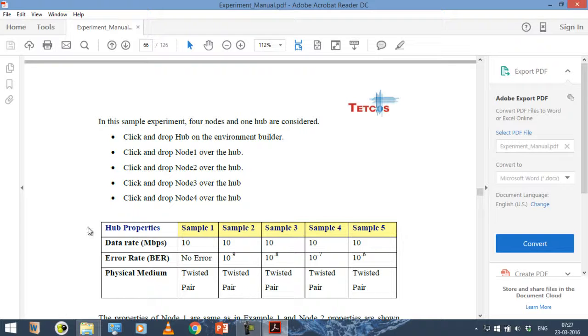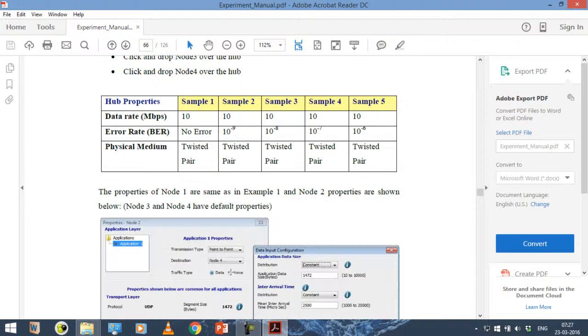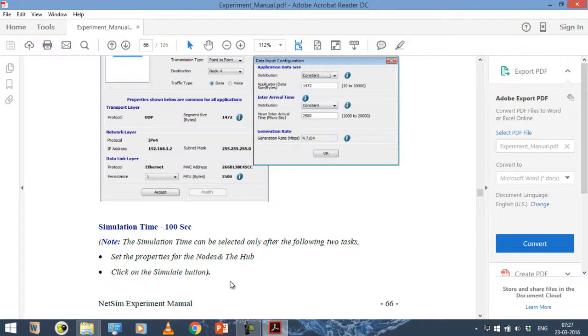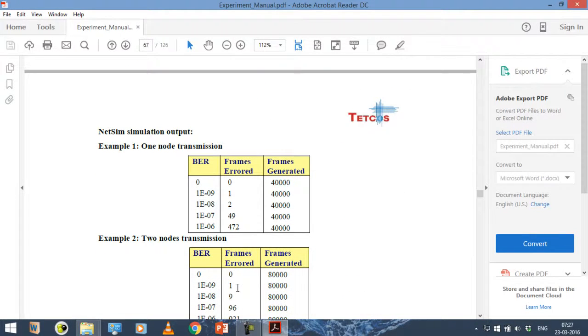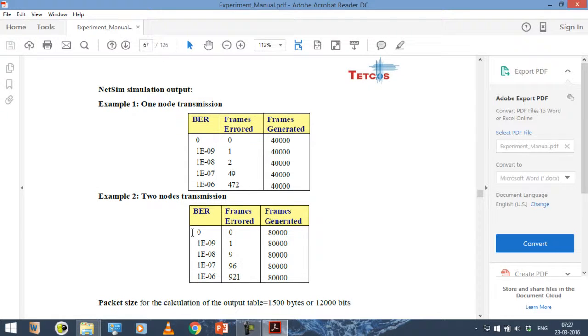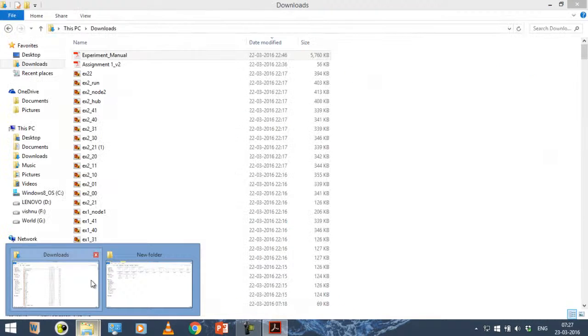Node 2 follows this table, and again we are checking the output against the formula. So our main goal is to achieve this table. So let's see.